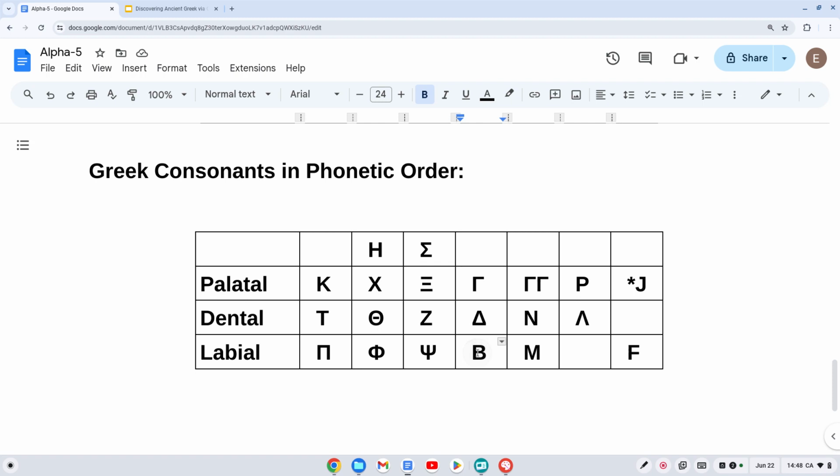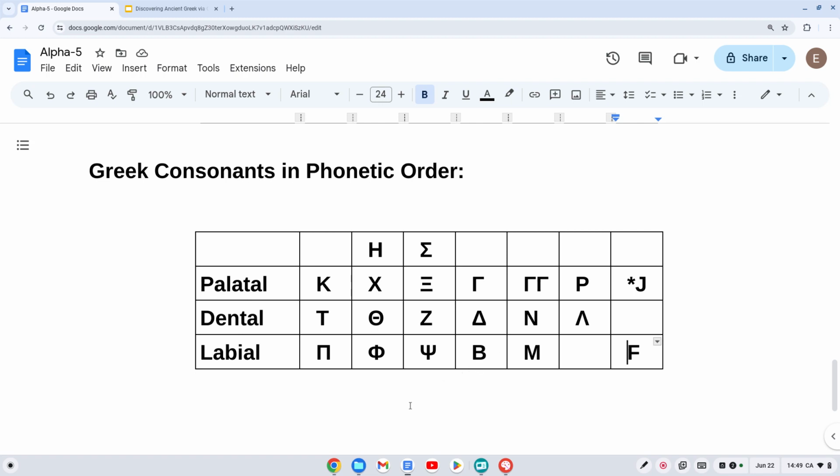And the b, then your nasal m, and your semivowel w, like a W, digamma.